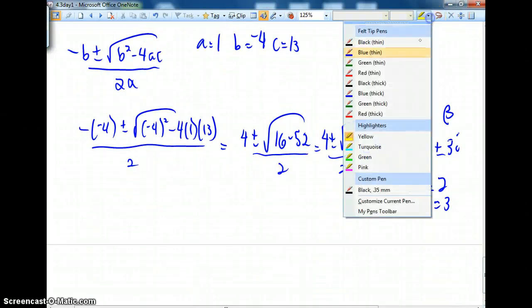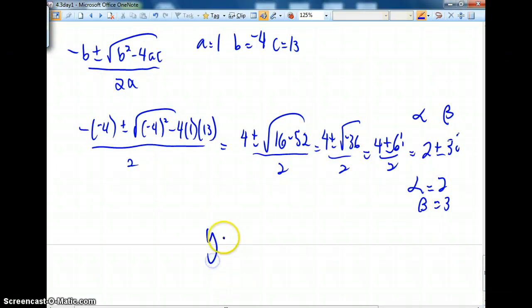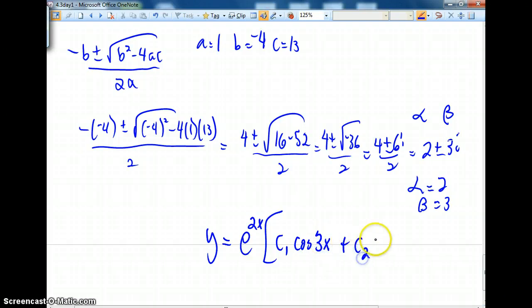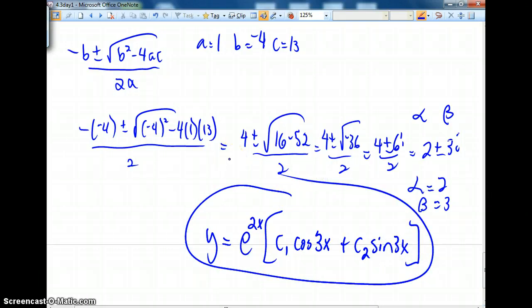What would that final solution look like in a general form? y equals e to the 2x, and in here we'd have c1 cosine of 3x plus c2 sine of 3x. And that's it. So again, this is always assuming that we have constants in our linear homogeneous differential equations. If we do, we can use these little guidelines that we talked about today.